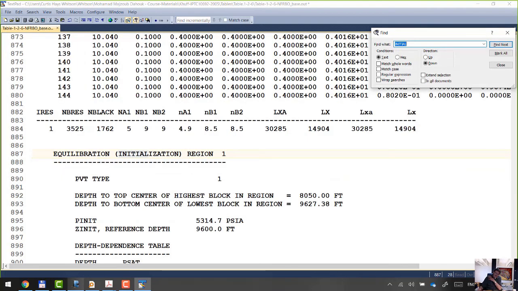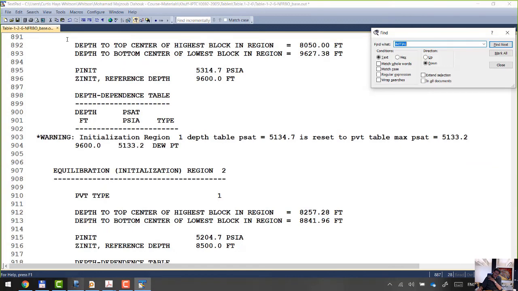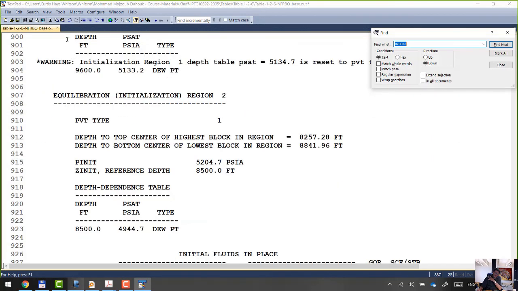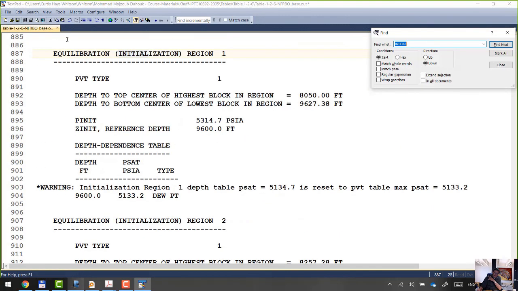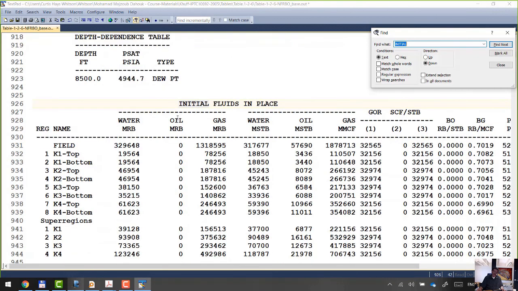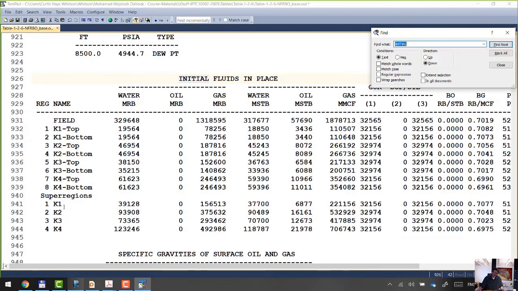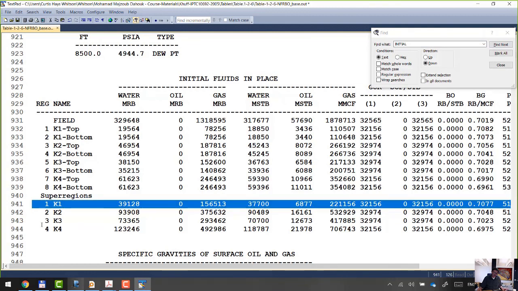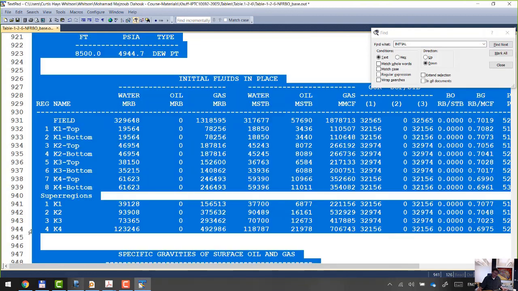Yeah, so equilibration, I think region 1 is the K1, K4, okay, here we go. So K1, K4, yeah, would be these 2 here.